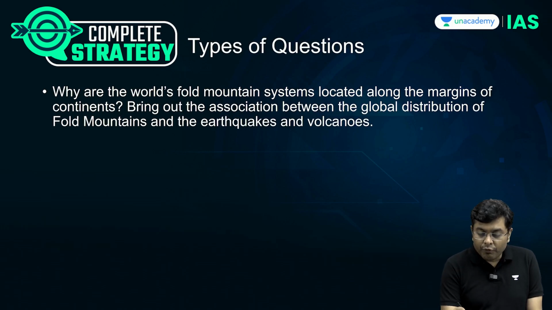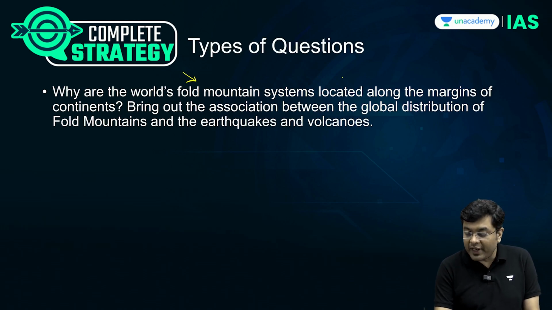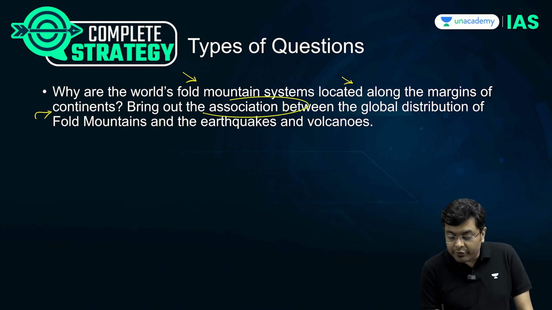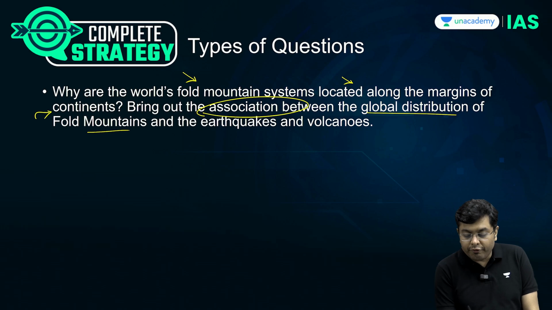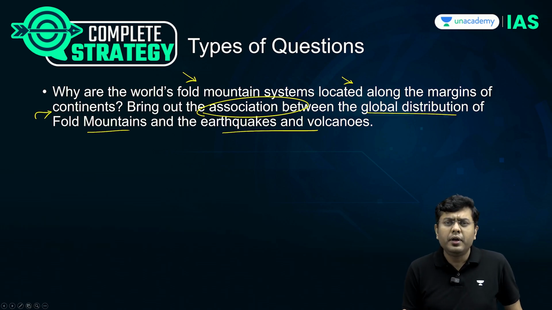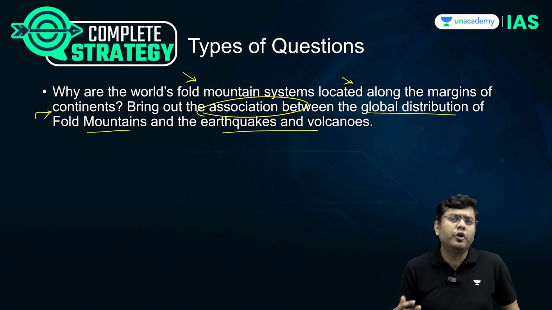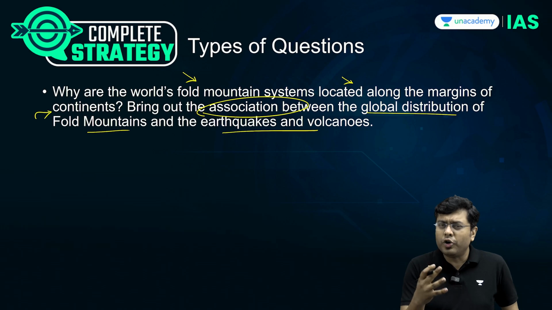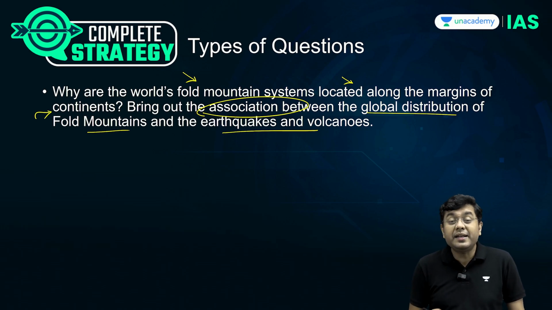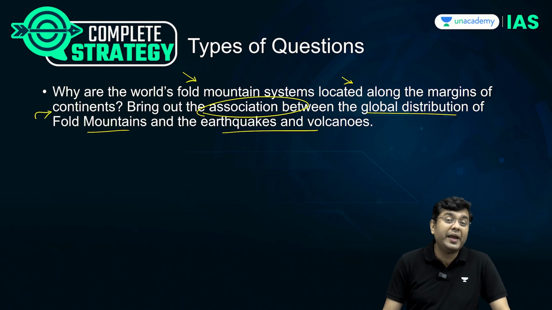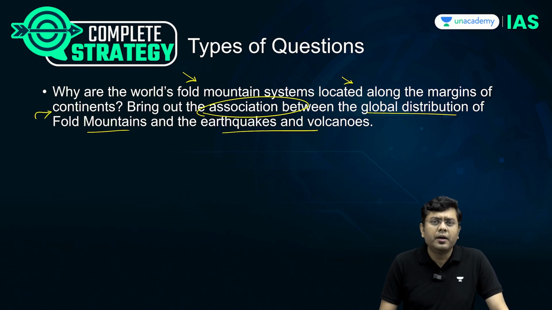For example, why are the world's fold mountain systems located along the margins of the continents, and bring out the association between the global distribution of fold mountains and earthquakes? Simple concept of geomorphology. When we talk about fold mountains, how are they created? Once they are created, can these regions be prone to earthquakes? Yes. Will all the fold mountains experience volcanoes?